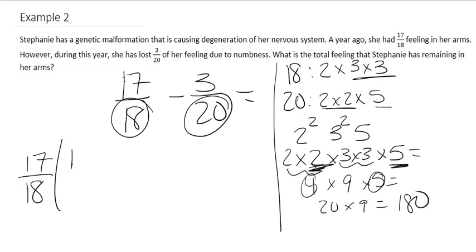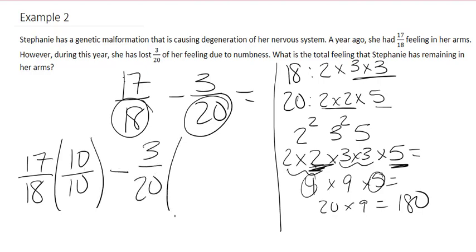So we multiply 10 on top and bottom. And we go minus 3 over 20. And this number we're going to multiply by 9 because it is missing the two 3s that 18 has. So here we go. We have this problem.